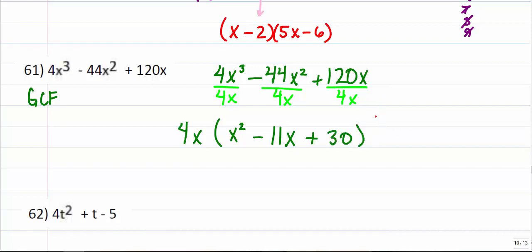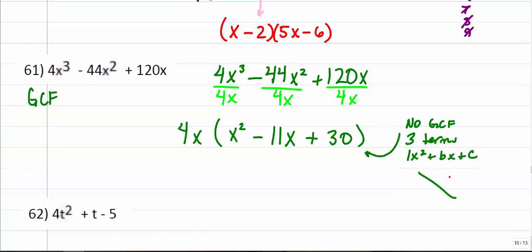Are we done? Well, look inside here. Inside here, there's no GCF, but it's 3 terms, and it's 1x squared plus bx plus c, so that's a diamond. In this case, that's 30 and negative 11. And if you do your factors, you're going to find that 6 and 5, both negative, would give you what you need.